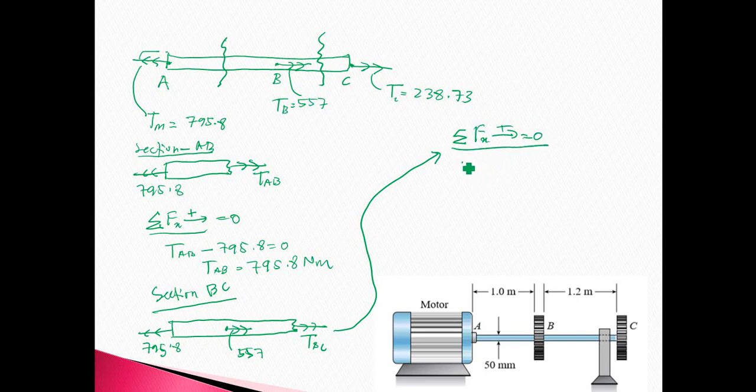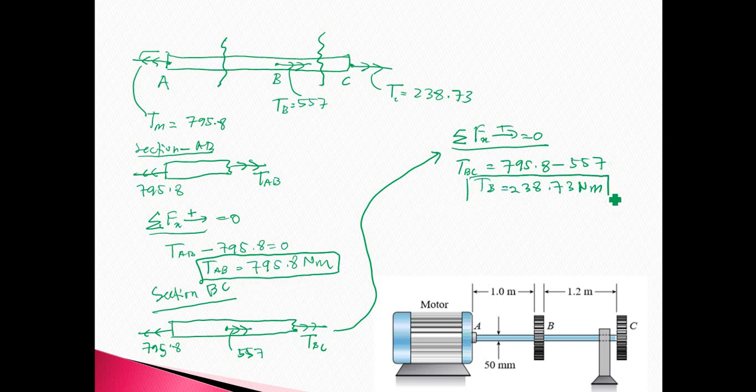So from here we can write the equation for TBC is equal to 795.8 minus 557. So TBC is equal to 238.73 Newton meter.